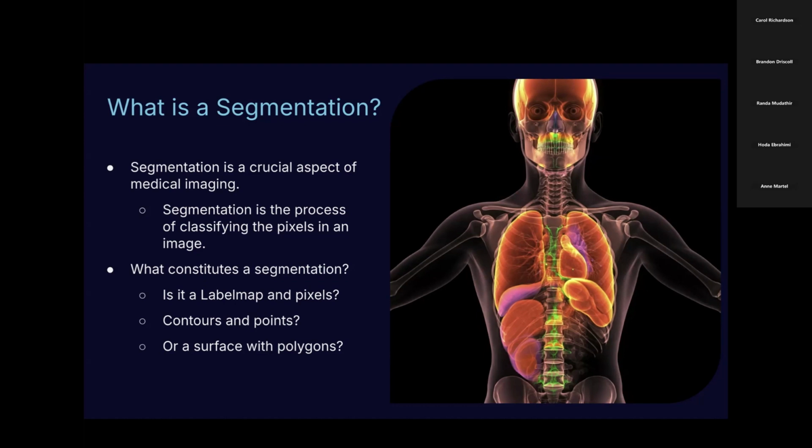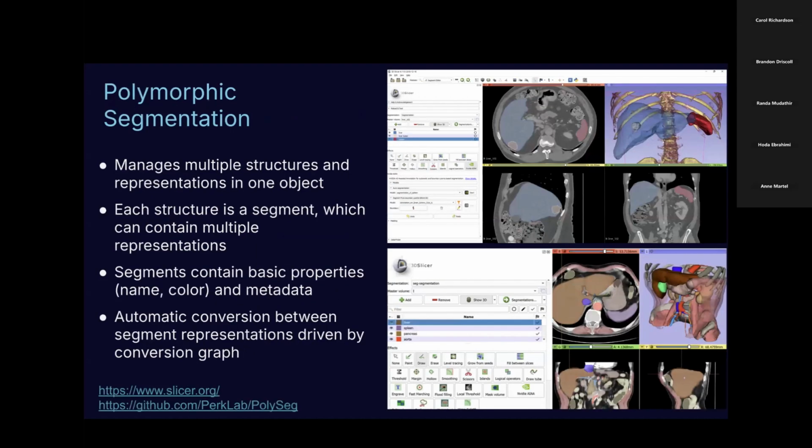So a couple of years ago, during the redesign of Cornerstone 3D, from the library that we now call Legacy Cornerstone, we had to rethink the segmentation as well. We looked around and found a concept called polymorph segmentation that was pioneered by our friends and colleagues at 3D Slicer.